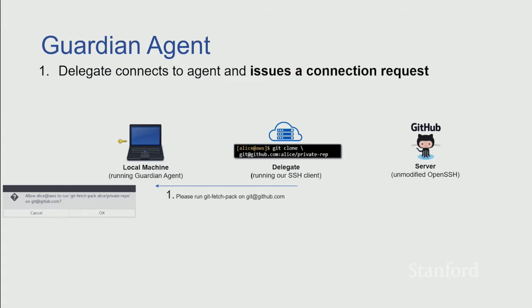Then the agent can prompt the user and make sure that the user actually approves the operation. And in this way, the Guardian Agent local machine gets the command, gets the identity of the server, and can also identify the delegate based on the incoming connection.